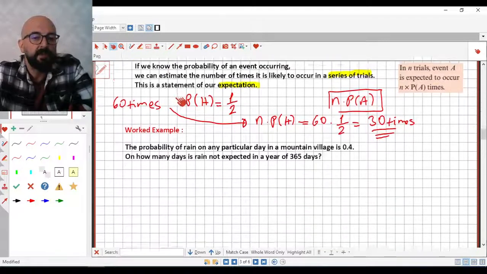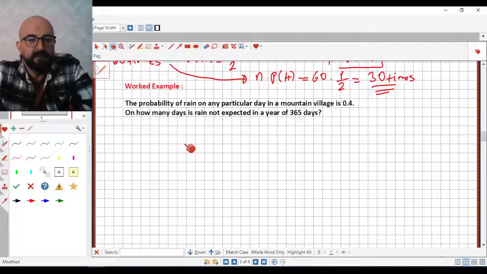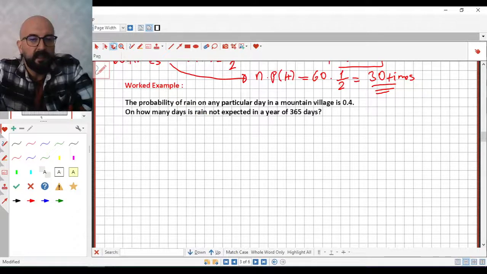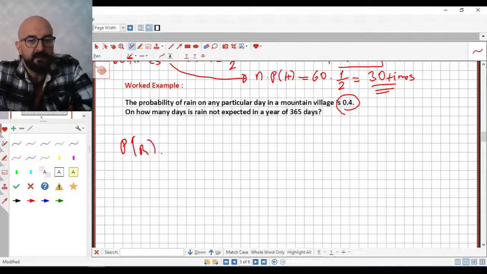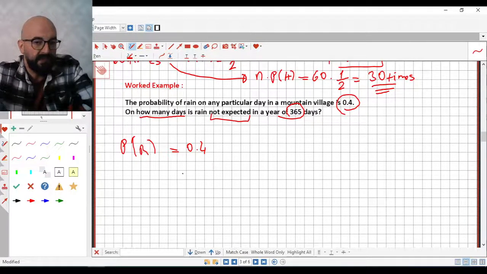And a worked example. The probability of rain on any particular day in a mountain village is 0.4. On how many days is rain not expected in a year of 365 days?